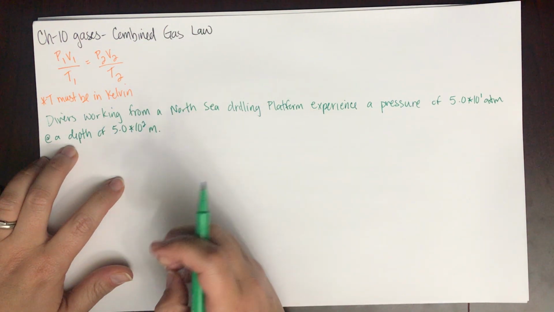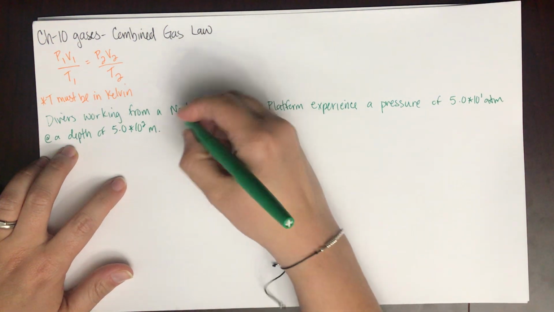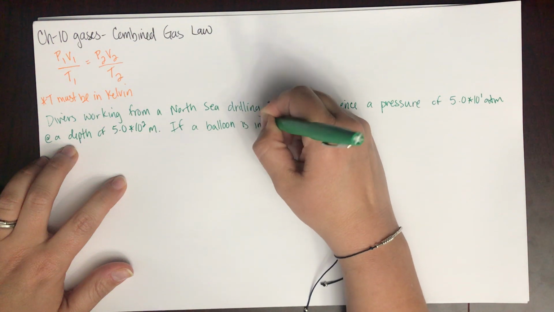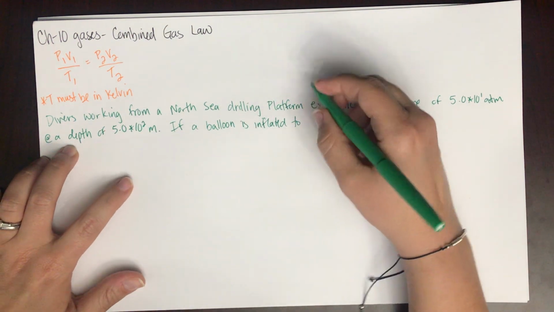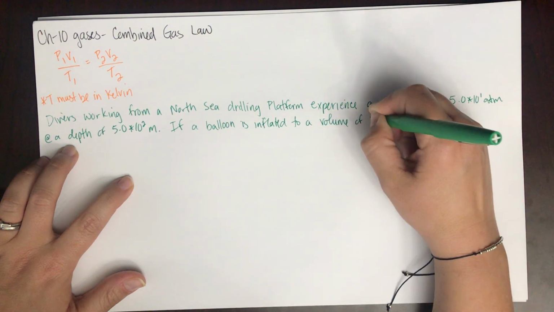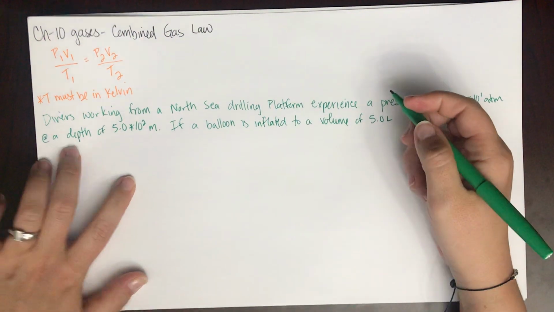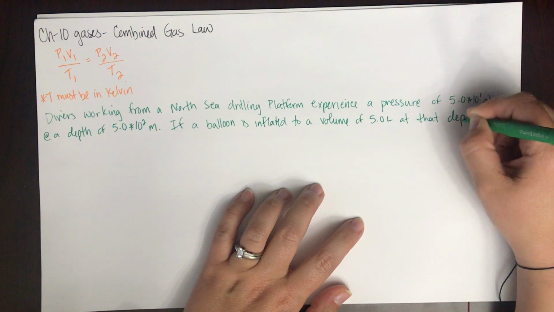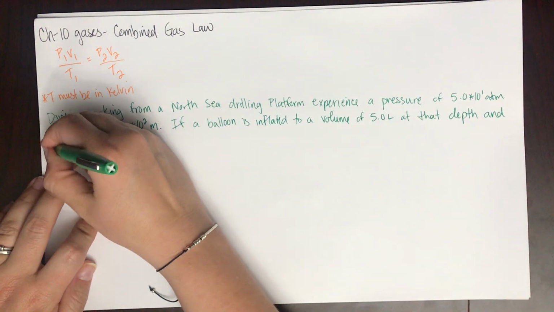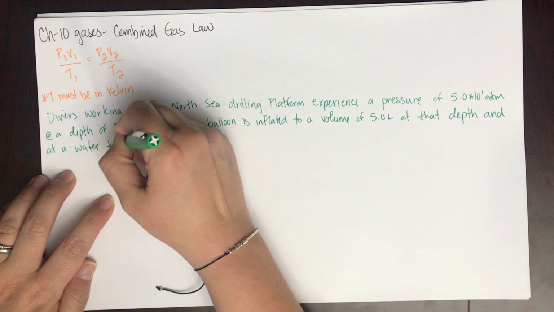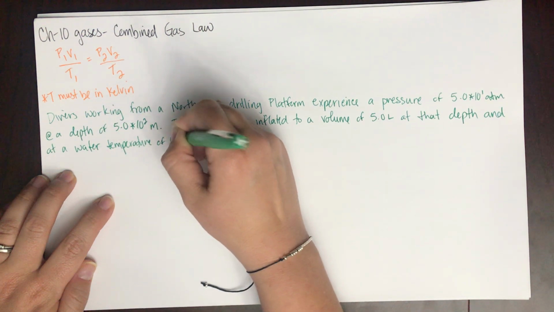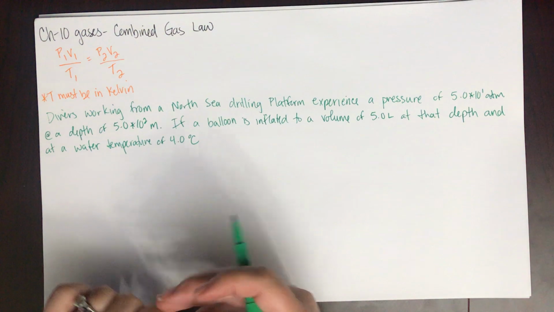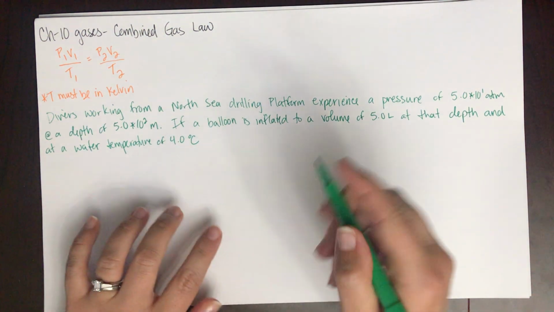If a balloon is inflated to a volume of 5.0 liters, that's the volume of the lung, at that depth and at a water temperature of 4 degrees Celsius, what would the volume of the balloon be on the surface of the water, which is 1 atmosphere of pressure and a temperature of 11 degrees Celsius?